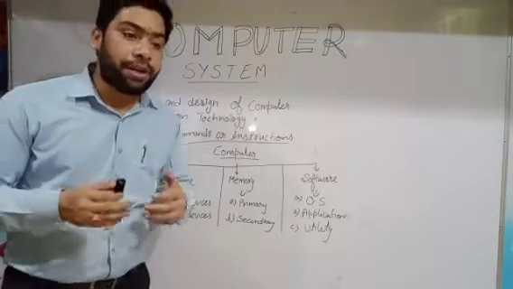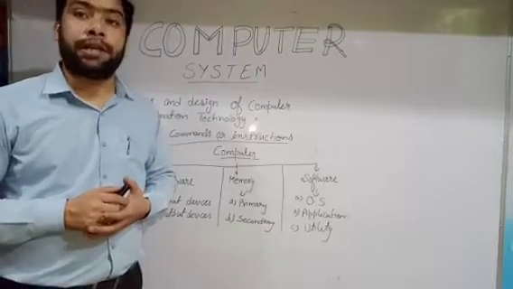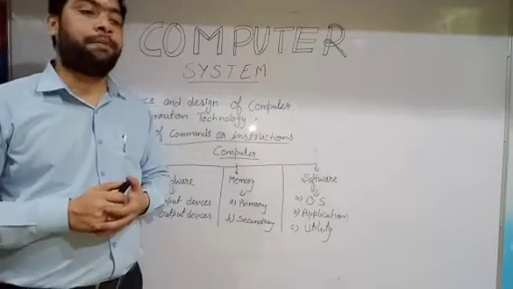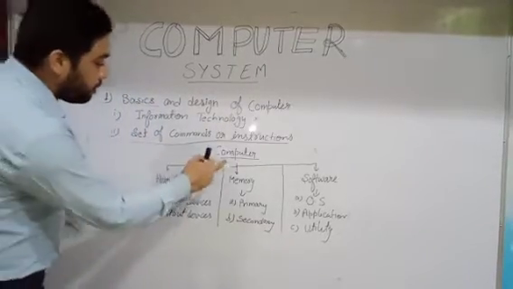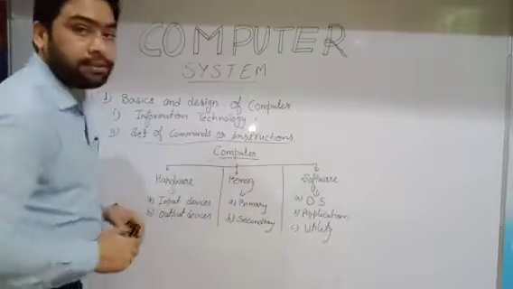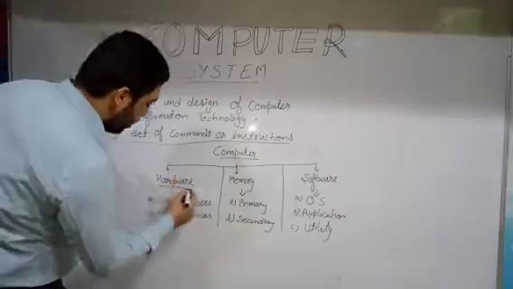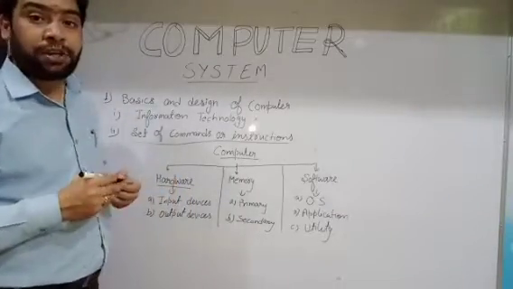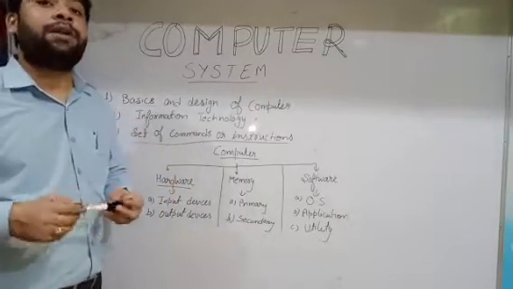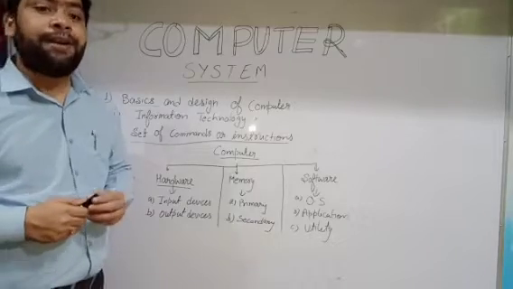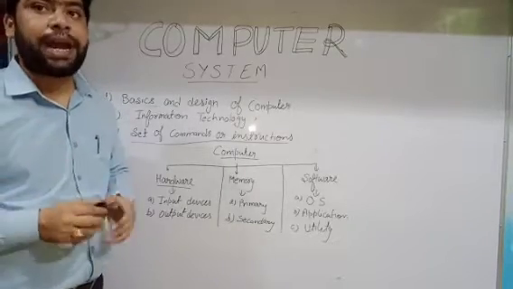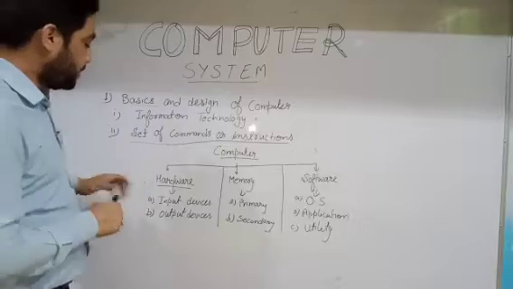But how does it become multi-user and multi-purpose? A computer has three basic parts or divisions. The first one is hardware. Hardware is a kind of device or instrument which we physically touch and use.